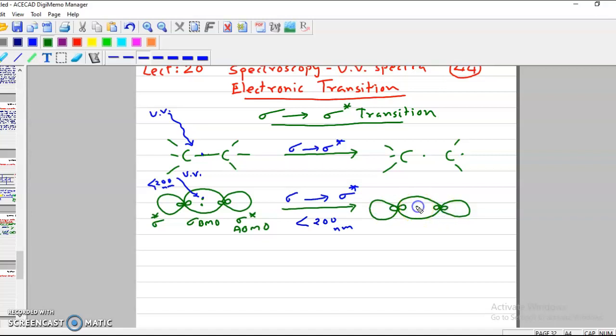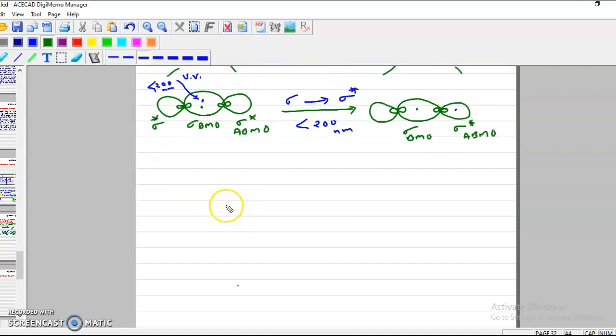So now there is only one electron over here, and an excited electron would be in the sigma star orbital. This orbital is sigma BMO and the other orbital is sigma star ABMO. So this is called sigma to sigma star transition. The energy required for this has a shorter wavelength, and this is called the vacuum ultraviolet region.